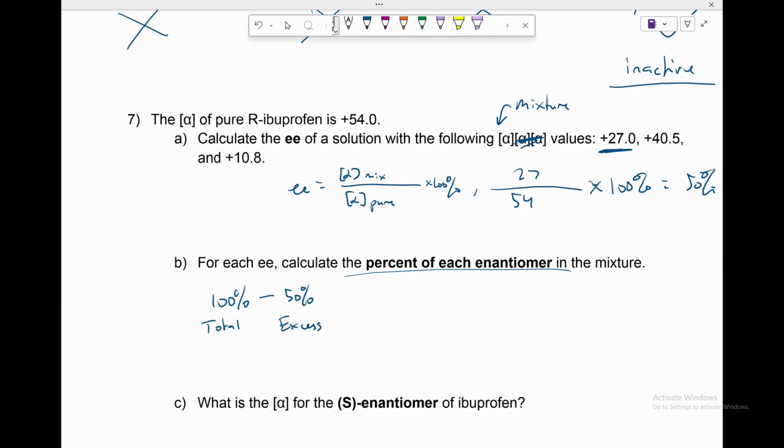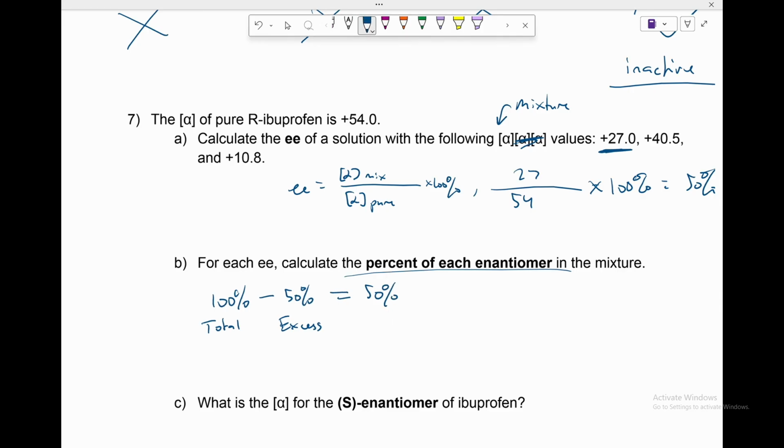If it were more S, then we would have a more negative number in this case. So I know that my excess is in the R because I'm given this, right?